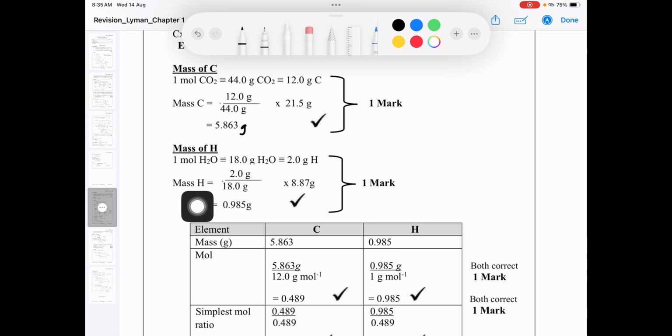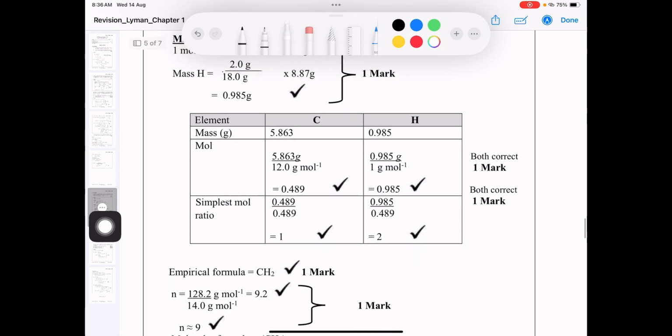Okay, so the mass of hydrogen is equal to, comparing the mass of two atoms of hydrogen with the mass of 1 mole of H2O, 2 gram divided by 18 gram times the mass of H2O produced, 8.87 grams. So equal to 0.985 gram. So this is the mass of hydrogen from the mass of H2O. So 1 mark for the correct value of the mass of hydrogen.